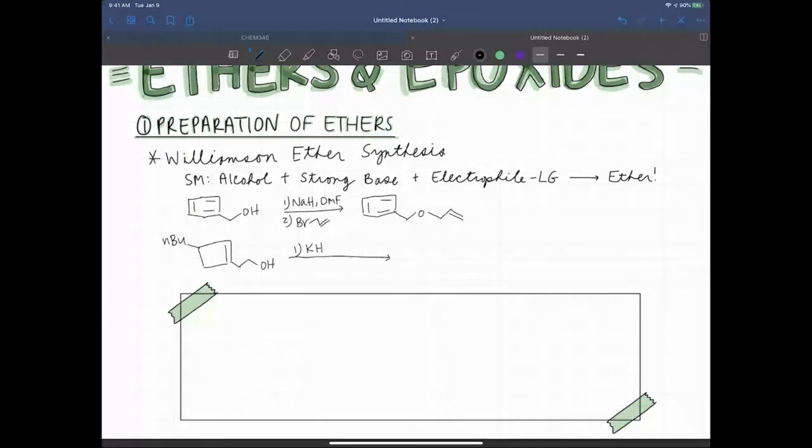It's potassium hydride in 18 crown 6, which I'm going to explain a little bit more. And then all these are done in the presence of THF. And then if I had, let's say, ethyl iodide, what I'm going to get is this here. And of course, I will be talking about the mechanism in just a little bit.